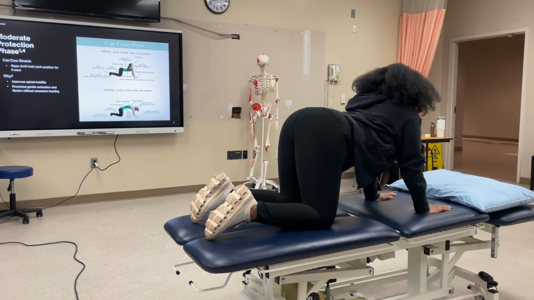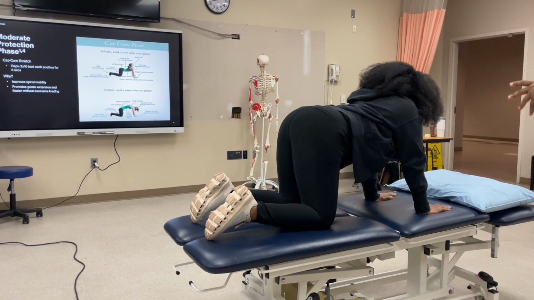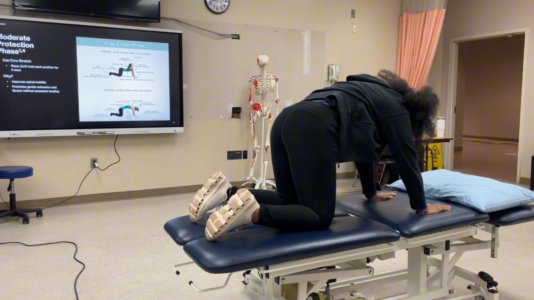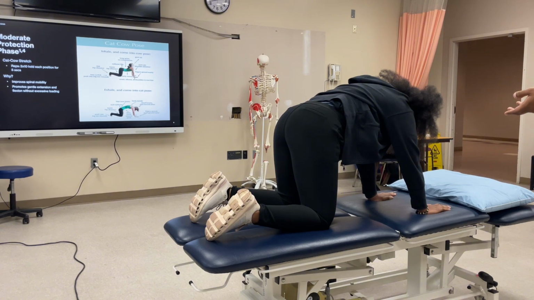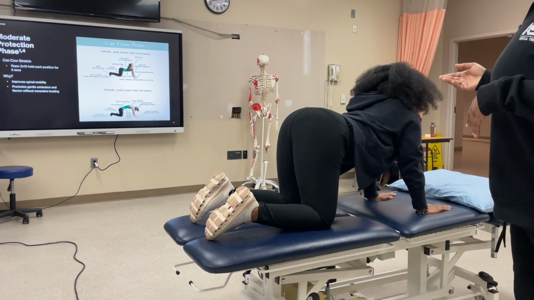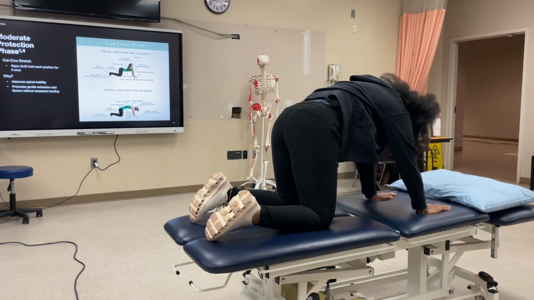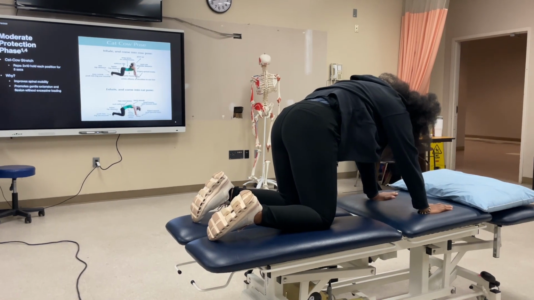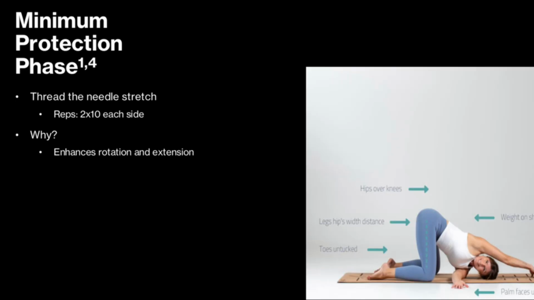And then they're going to go into the cat position. Put a hump in your back, put your head down, and hold that for about 5 to 10 seconds. And I would do each position 2 sets 10 times. This increases spinal mobility, and it promotes gentle extension and flexion without excessively loading the spine.